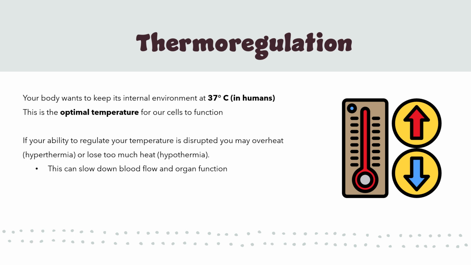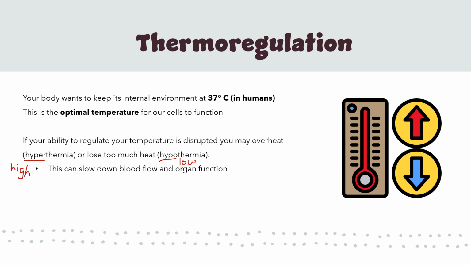If your ability to regulate your temperature is disrupted, you may overheat, which is hyperthermia, or you may lose too much heat, hypothermia. So we want to remember that hyper means high, and hypo means low.